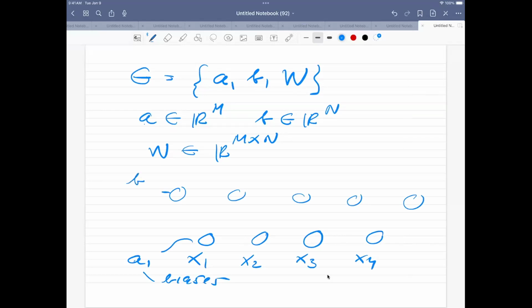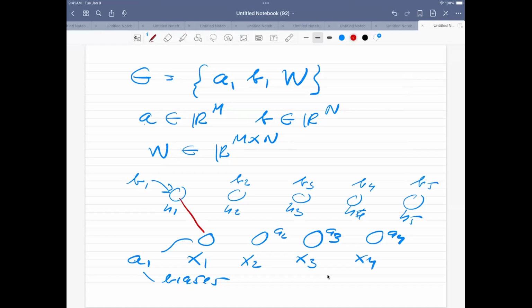And you would have hidden nodes H1, H2, H3, H4, and H5. So you would have a B1 here, a B2 here, a B3, up to B5, and A2, A3, and A4. And then these are connected.